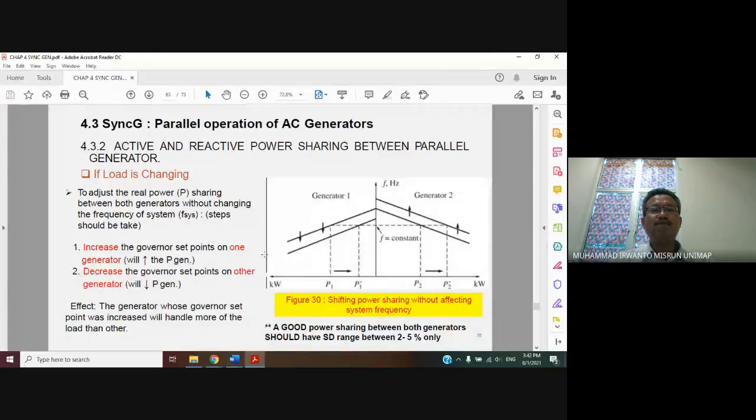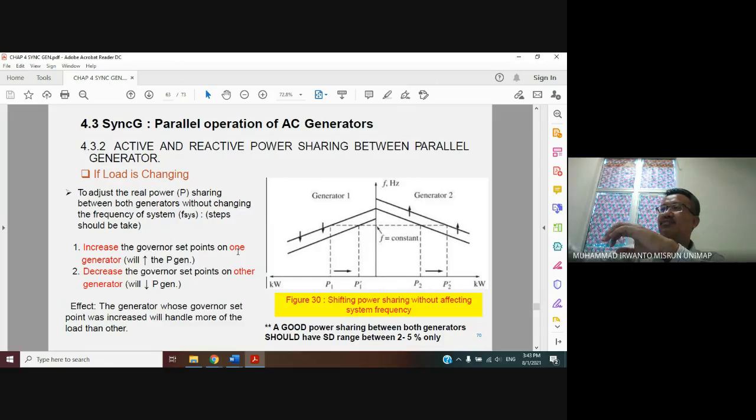Okay, and then how about the load change? Because in the real condition, the load changes. Two generators are connected together to serve one load, and this group of loads draws current from the two generators, and the load is always changing.